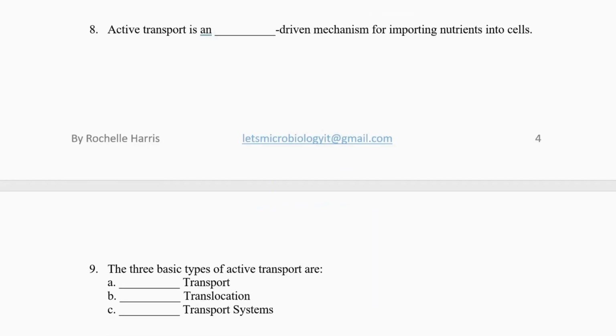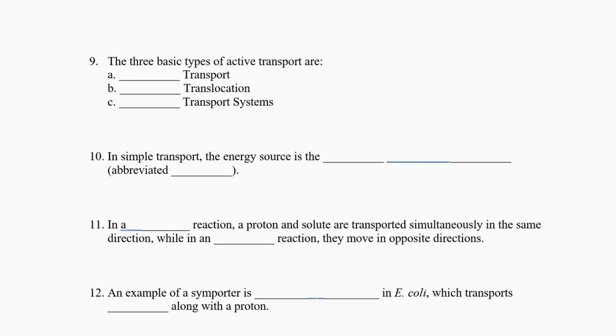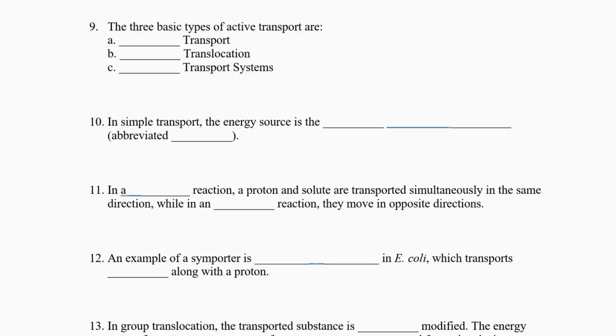9. The three basic types of active transport are what? 10. In simple transport, the energy source is the blank. 11.